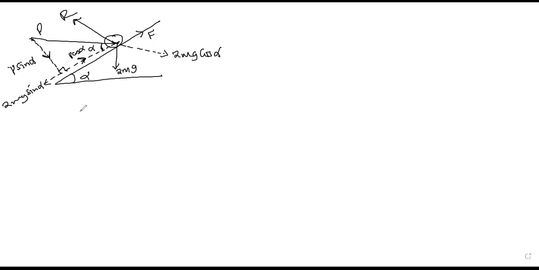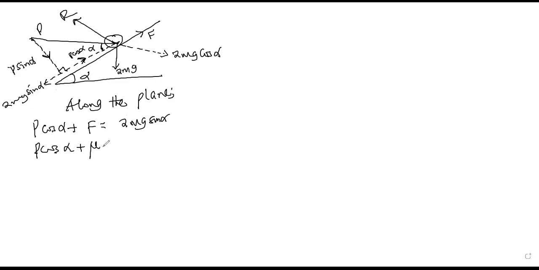So that if I'm resolving along the plane, I'm going to have P cos alpha plus the frictional force, and it should be equal to 2 mg sine alpha, implying that P cos alpha plus mu R is equal to 2 mg sine alpha.